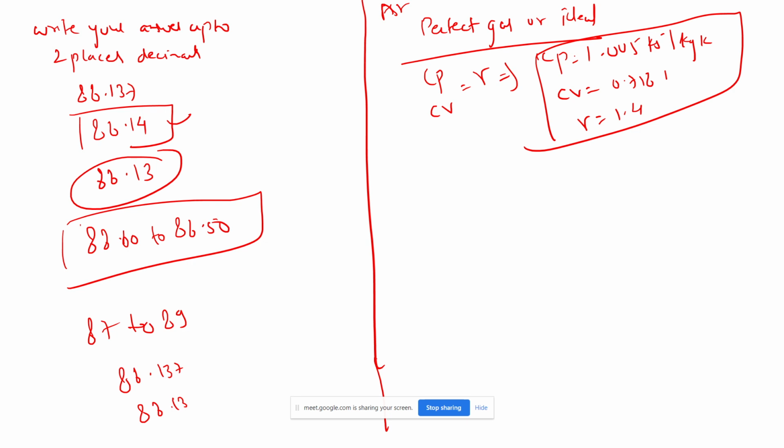If they want you to solve the problem for real gas, they have to give the value of Cp, Cv, gamma, because we cannot remember these values for every gas. Otherwise, if they only say that gas is entering, you have to assume it is an ideal gas and use the values of Cp, Cv, gamma of ideal gas.